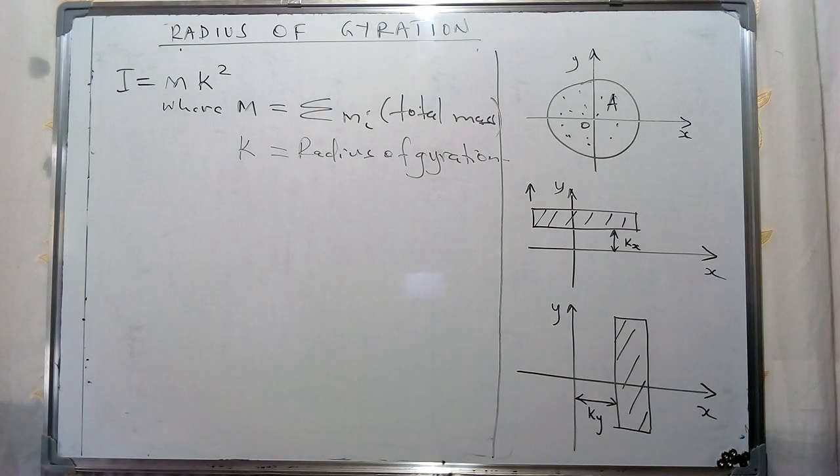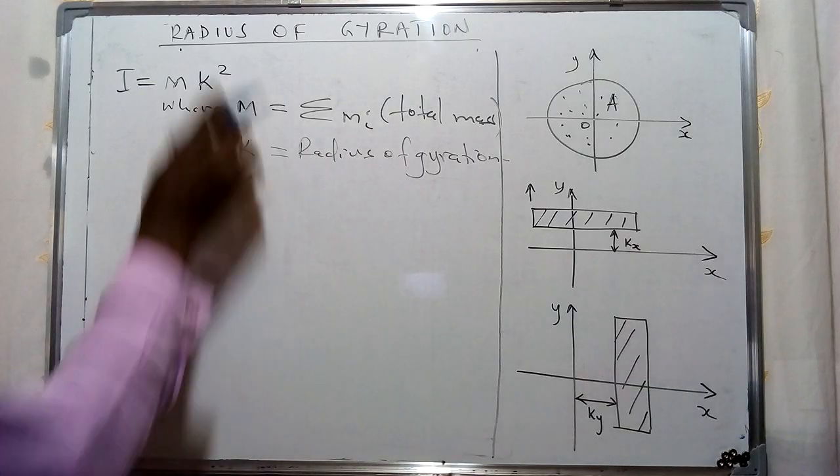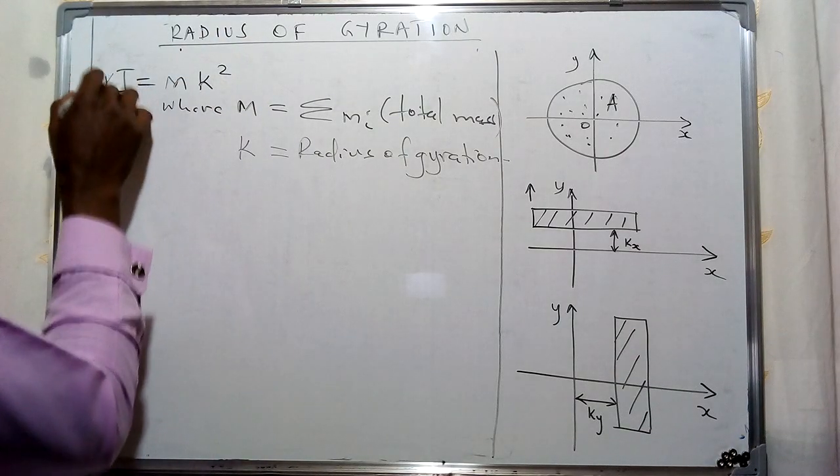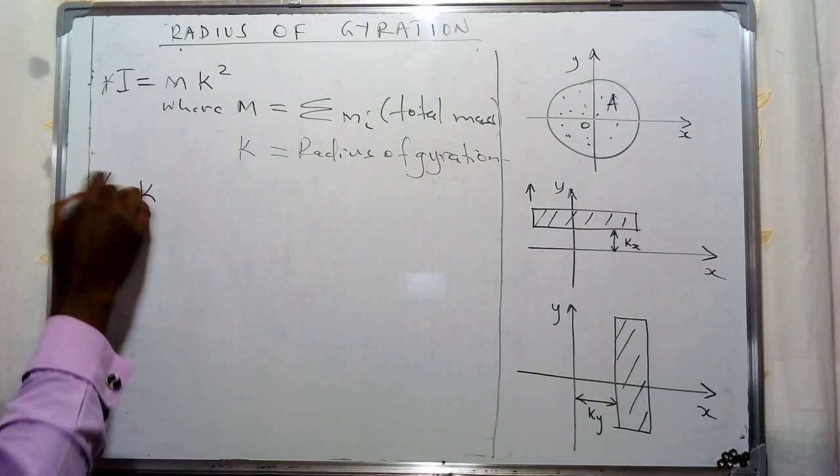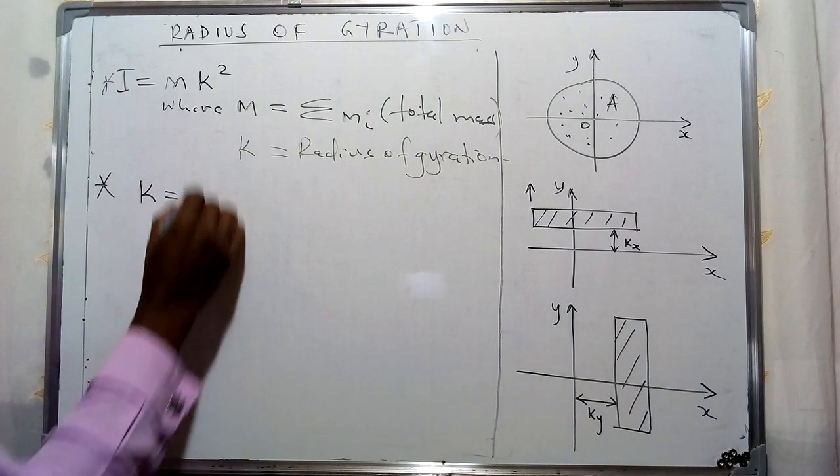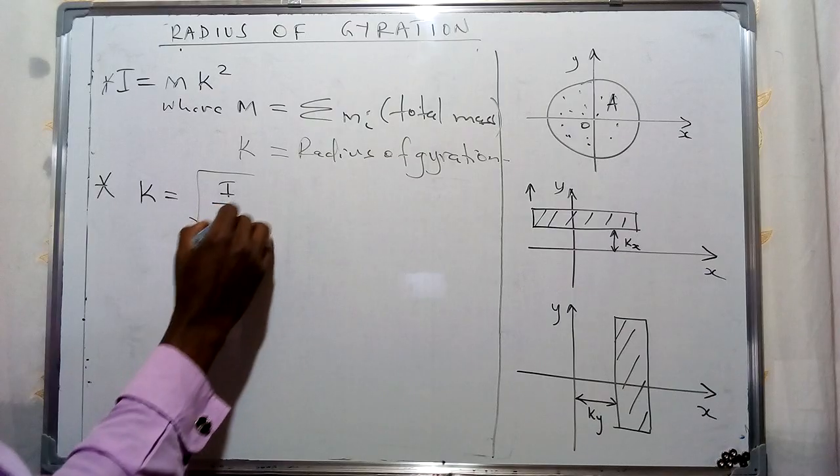We can also represent the radius of gyration from this derivation, with k as the root of the moment of inertia over mass.